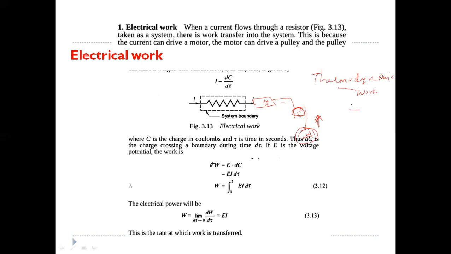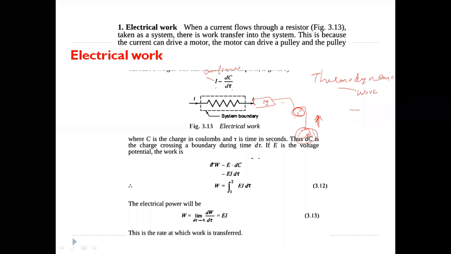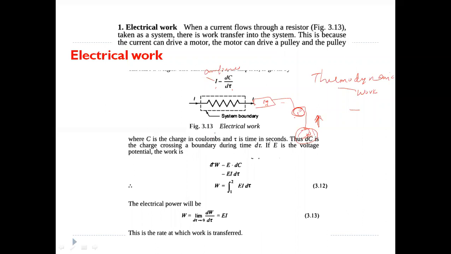That work can be calculated using a relation. If the current I is flowing, I is in amperes, where C is the charge in coulombs and t is the time. So I is given by I equals dC by dt.